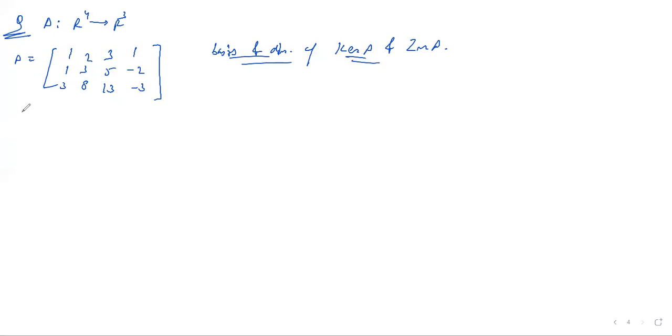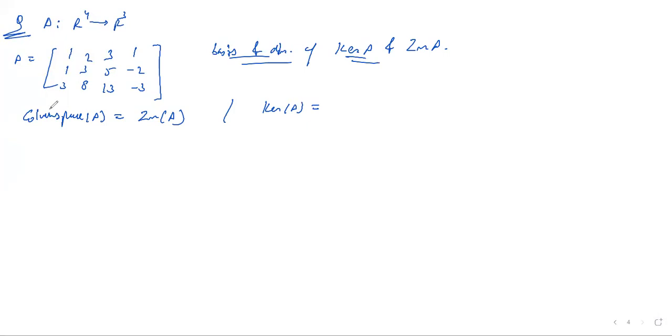Now we'll apply the previous results: the column space of A is equal to the image of A, and we have also studied that the kernel of A is the solution of the homogeneous system AX equals 0 in the matrix mapping.